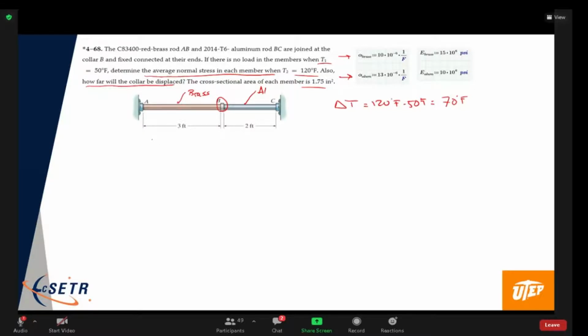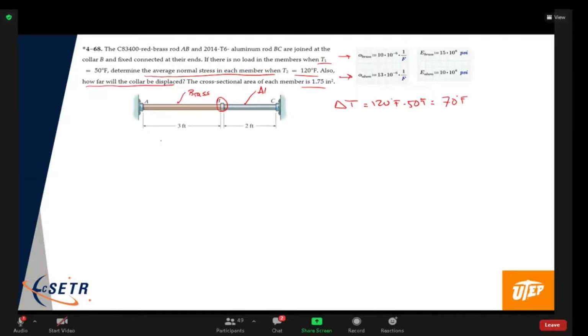So if you were to look at this, we know physically what's going to happen, right? We're going to heat up both the brass and the aluminum. They're going to expand or want to expand a certain amount, but then we have to compress it down using compressive forces at A and C to get the change in length back down to 0.